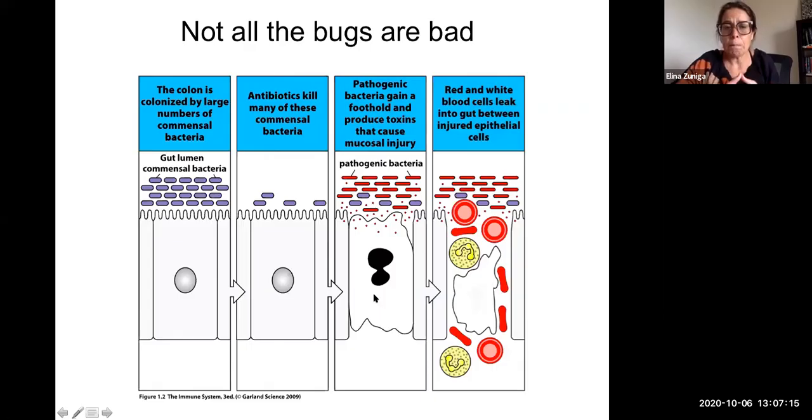In addition to playing a beneficial role, for example, in the processing of nutrients that is necessary for absorption, particularly in terms of host defense and immunity, these commensal bacteria, by competing with pathogenic bacteria for their own nutrients, prevent the outgrowth of these pathogenic bacteria.